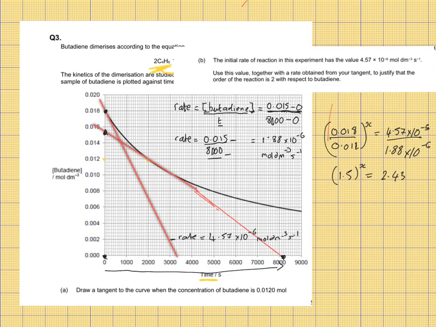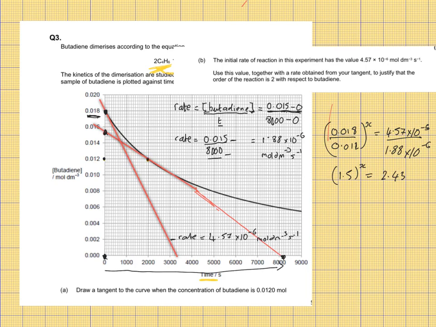So let's look at the data. When time is 0, the initial rate, the concentration of our butadiene was 0.018. So that's the concentration at 0 minutes. And there's the concentration that we were asked to find the rate for.